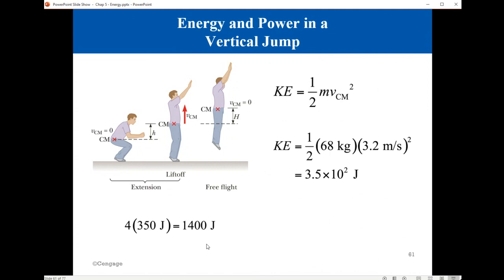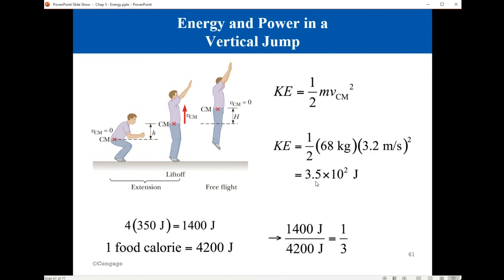Now, the energy involved in such a jump, you need to calculate the kinetic energy, half m v center of mass squared. For a healthy male adult, average mass is 68 kilogram multiplied by the velocity of center of mass squared. This is equal to 350 joules.